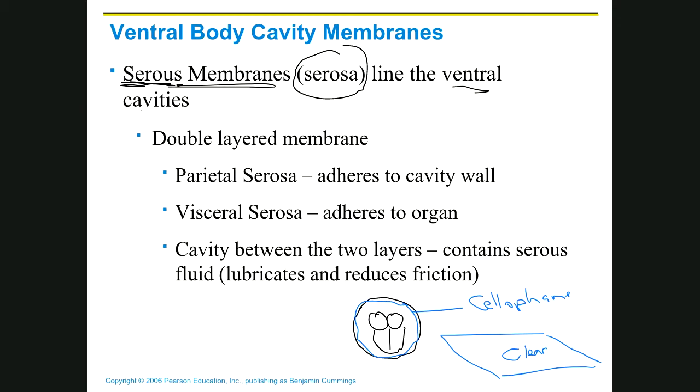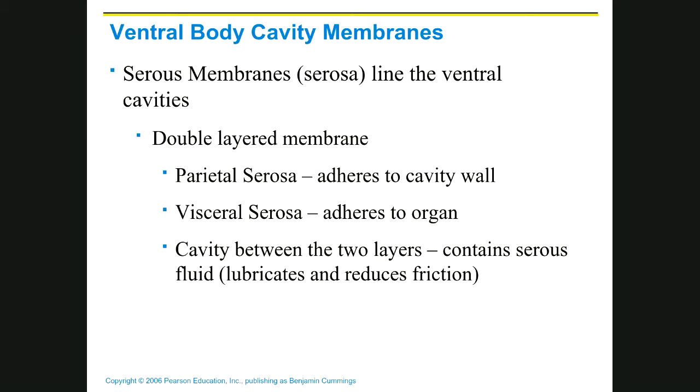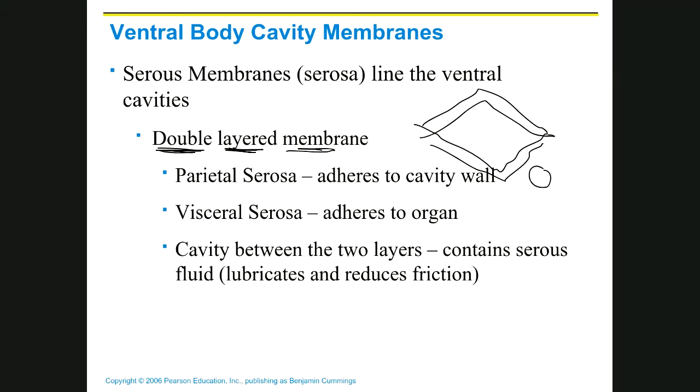Well, if you look at a serous membrane, it's not one layer, it's two. It's a double layered membrane. So remember I said it's like taking a sheet of cellophane, but it's like taking two sheets of cellophane and then wrapping that around an organ, so maybe an apple or something.